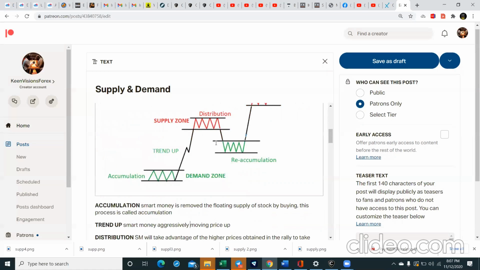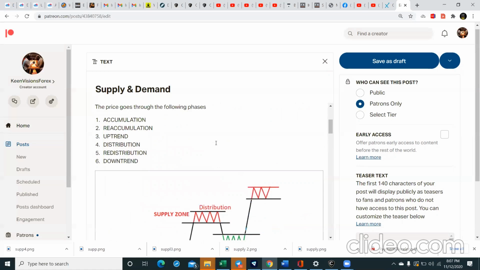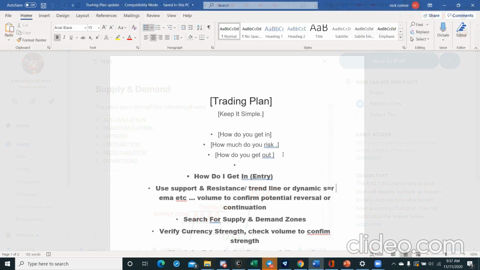So we've got the structure of the market. We were just talking about the accumulation phase, re-accumulation. You have the impulse of the uptrend, distribution. Summer, winter, spring, fall. The market is not exempt from that. So we trade currencies, but to break down an example, let's say corn. We all know corn has its seasons of growing, and that is a tradable asset as well.